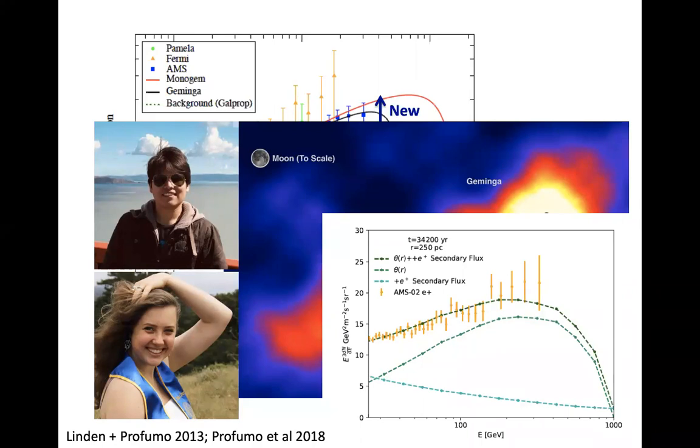Well, if that's the case, and this is very plausible from the standpoint of the theory of cosmic rays, then pulsars are back in the game and they can explain the axis of positrons without the need of dark matter. So that minimal explanation is still alive, but the model of diffusion of cosmic rays we have has to be modified. At least it has to include the fact that there are these pockets where the diffusion coefficient is at least a factor of 100 less large than in the galaxy as a whole.